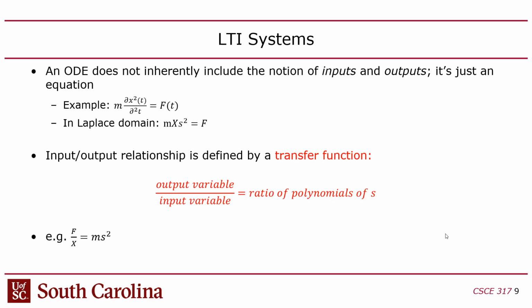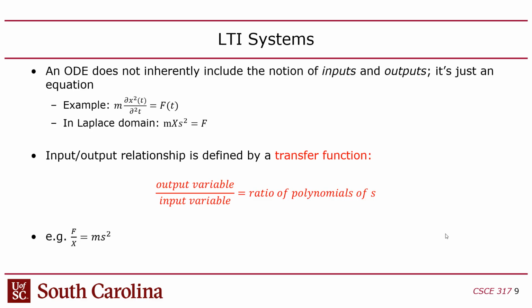And then you multiply it by s squared to denote that it's the second derivative with respect to time, right? And then f of t just becomes f of s, or simply shorthand, capital F. You'd leave out the of s, but that's really F of s, right?